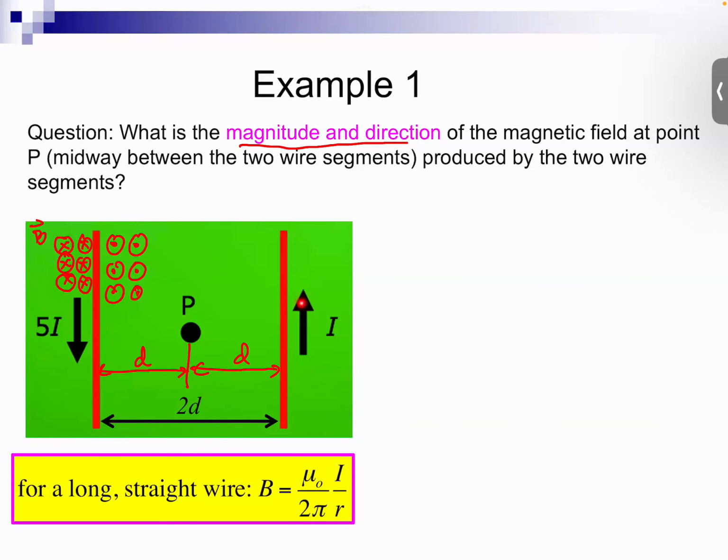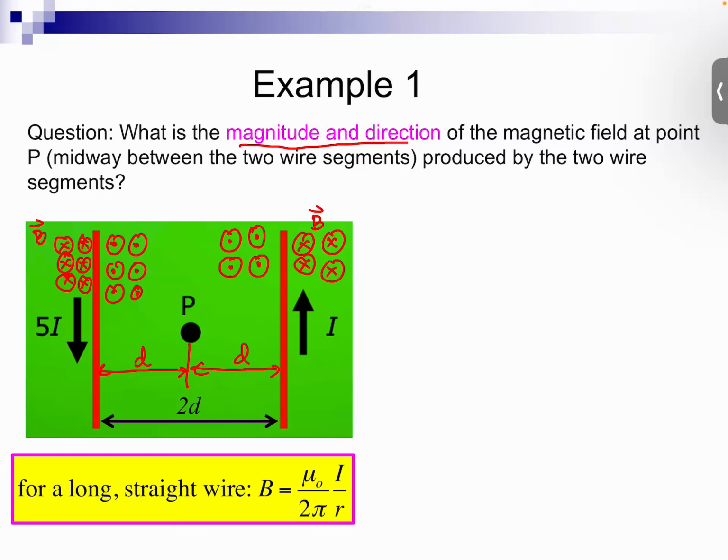For the I current that's flowing upwards, if you do the right-hand rule there, on the right side of the current I you have magnetic fields pointing into the page, and on the left side you have magnetic fields pointing out of the page.